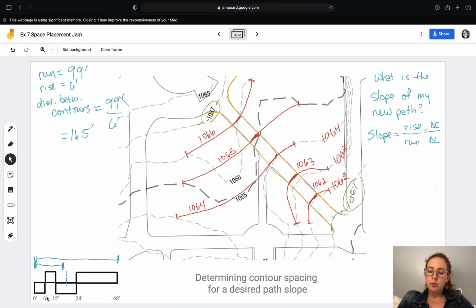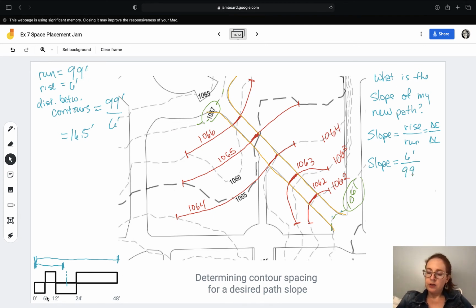So the slope is equal to, and we know from 1061 to 1067, our rise is 6 feet. And our run, as we captured at the beginning, that is approximately 99 feet.